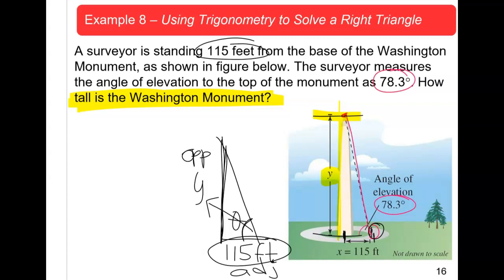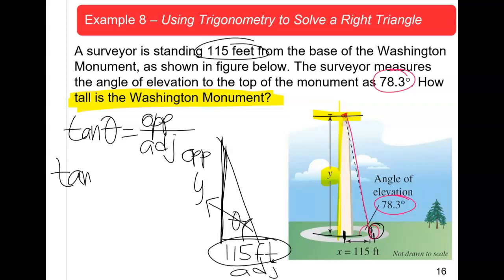Which of our 6 trigonometric functions requires the use of opposite and adjacent? It is tangent. Tangent of theta is defined as opposite over adjacent. So let's substitute what we know. In fact, I should substitute the angle measurement here.